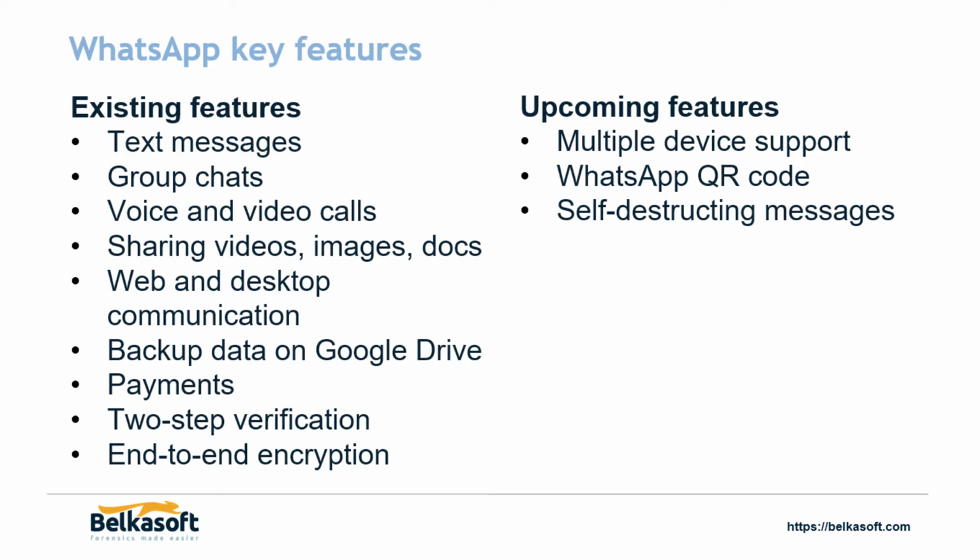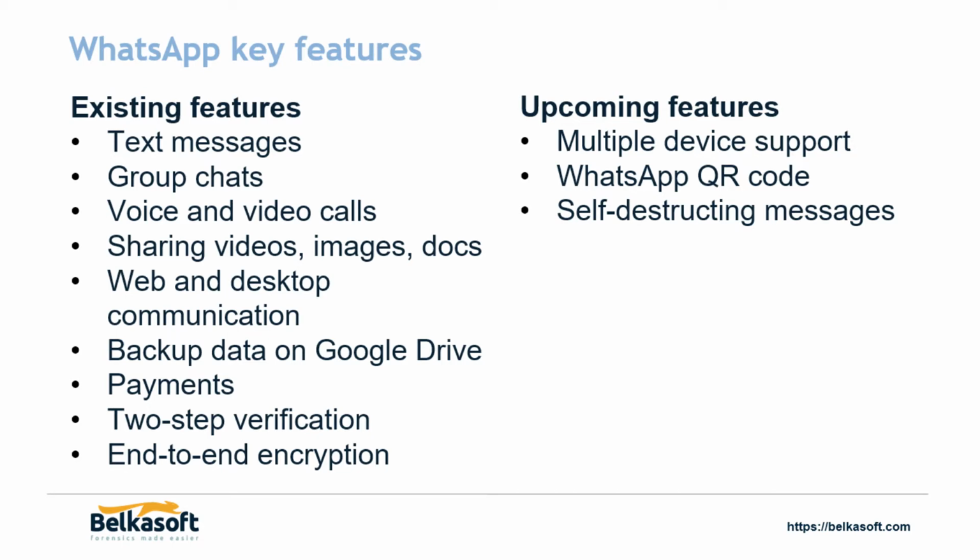With WhatsApp, users can have either voice or video calls, as well as send voice messages. What's more, users can launch WhatsApp on their PCs and laptops, in web browsers, and as a desktop client. There are also such useful security features like backup data in cloud service, two-step verification, and end-to-end encryption.